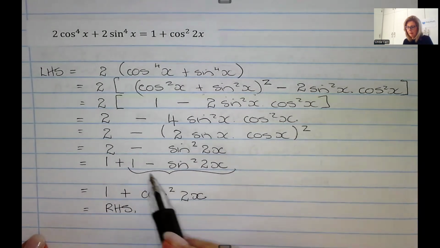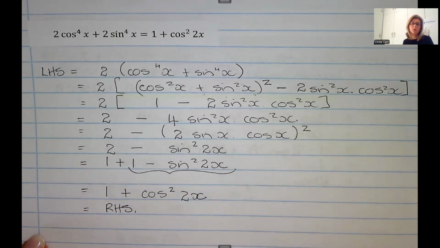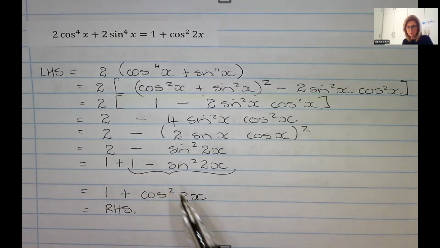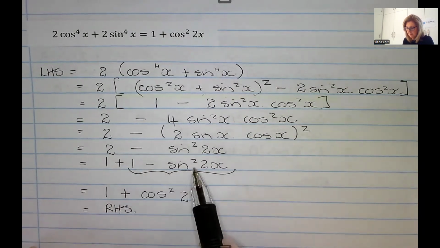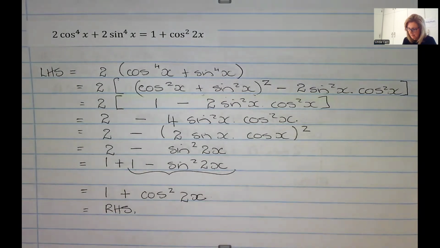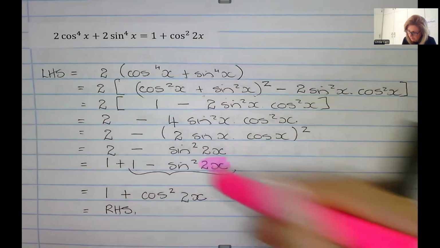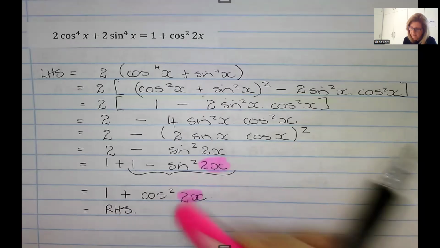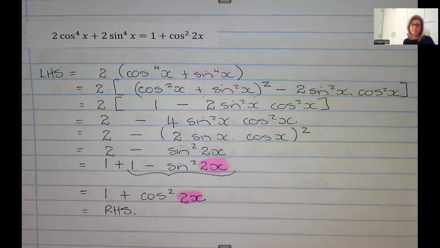Okay, so remember 1 minus sine squared is cos squared. Be careful not to see it as a 1 minus 2 sine squared x. It's not. It's a 1 minus sine squared angle, which becomes a cos squared angle.